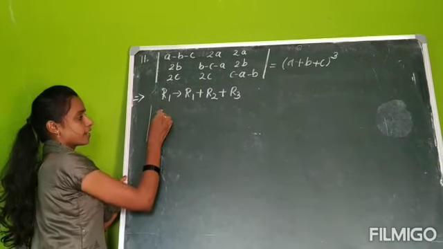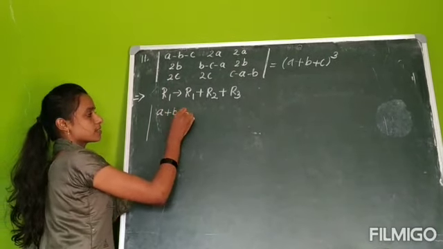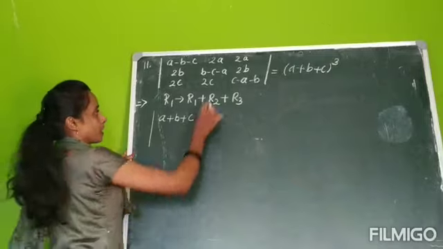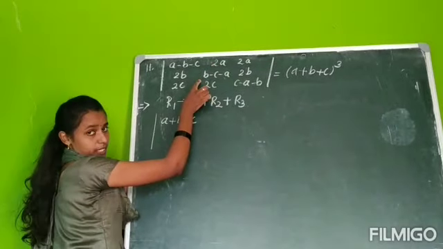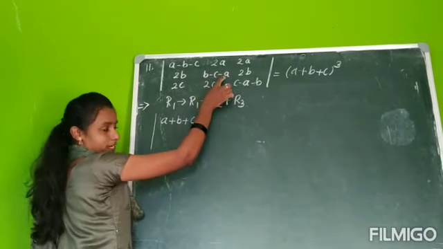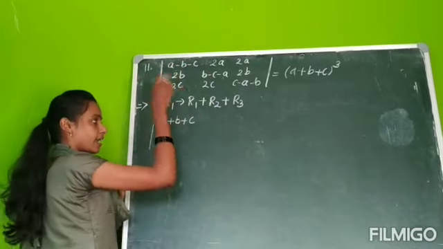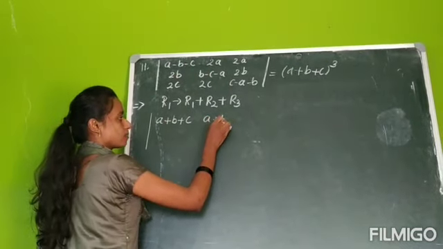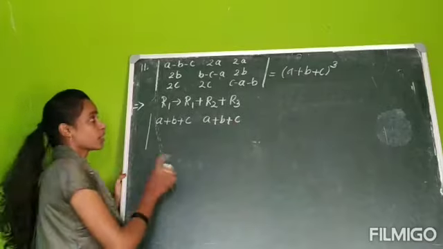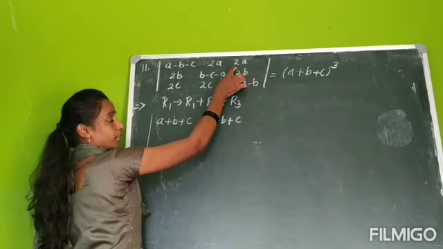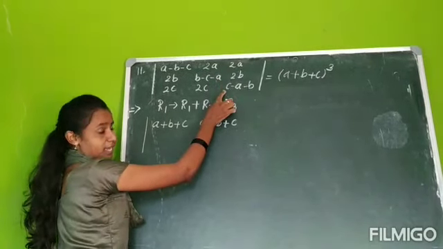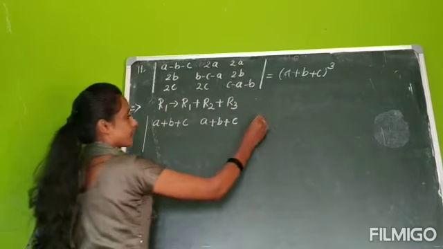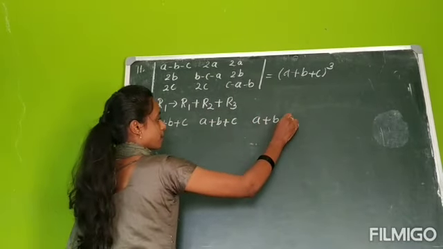You will get a plus b plus c. You just check that. Next is 2a plus b minus c minus a plus 2c. Again you will get a plus b plus c. So for this, 2a plus 2b plus c minus a minus b, you will get again the same a plus b plus c.